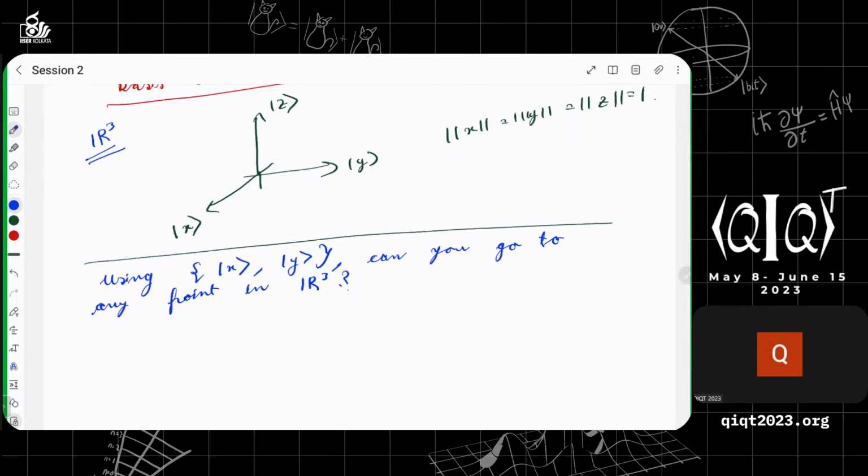When I say using x and y, I mean, can you take a linear combination of x and y and find any vector in R3? No, we can't. You can't go beyond the xy plane.